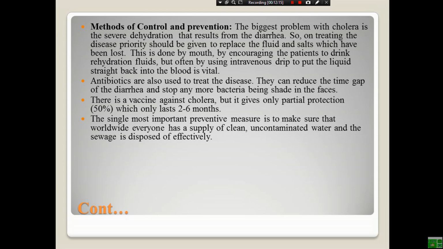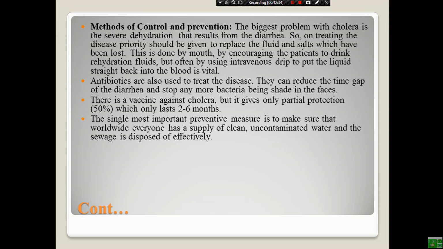The single most important preventive measure is to make sure that everyone worldwide has a supply of clean, uncontaminated water, and that sewage disposal is effectively applied.